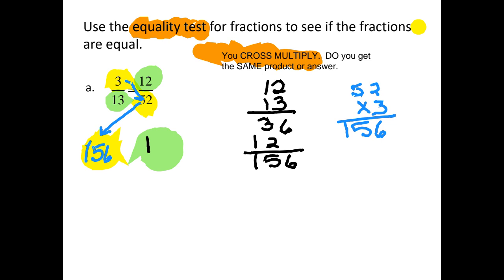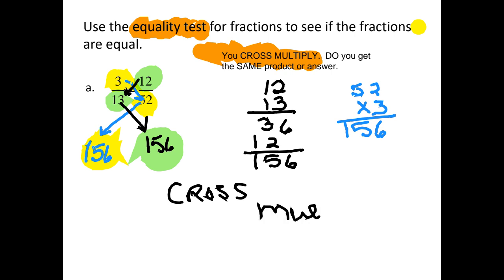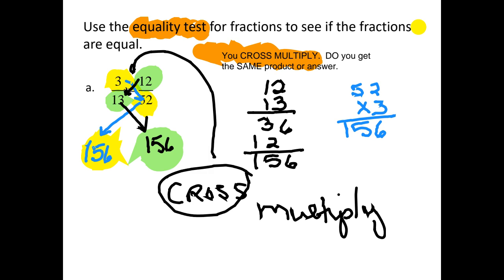That goes here. Now, I want you to notice the words cross multiply. Look at this symbol right up here. This is said to be a cross. What did we do? Multiplied. And notice where I put my answers.